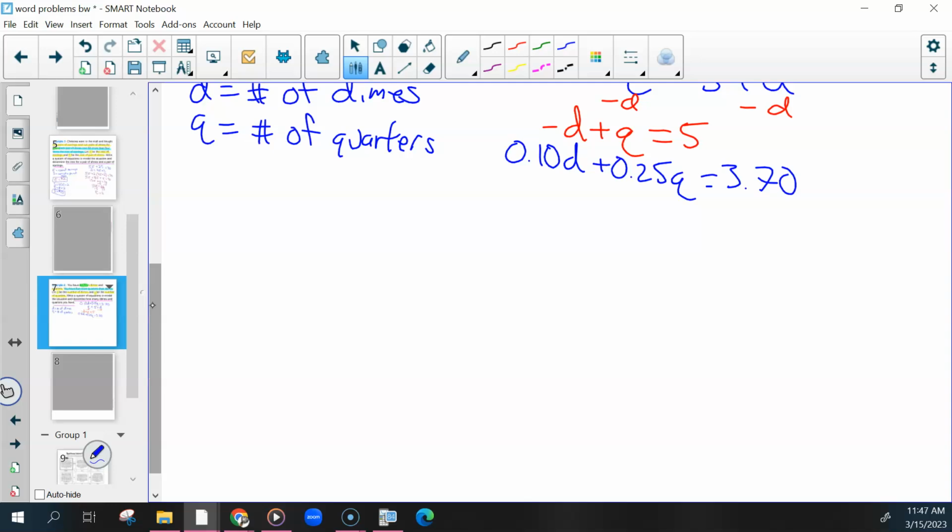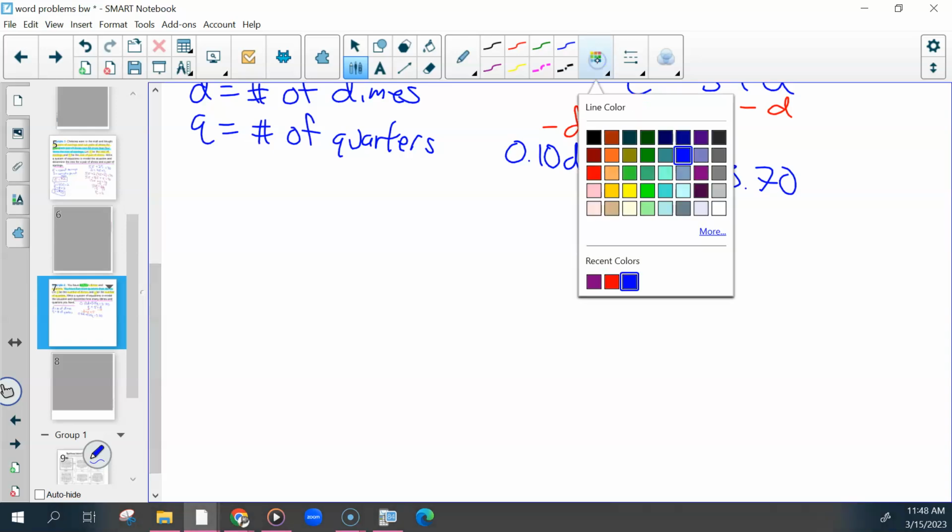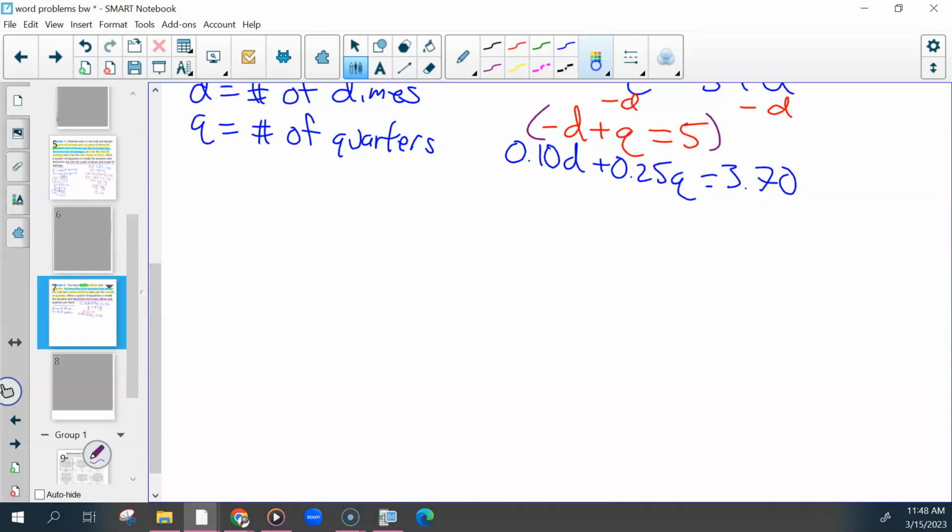Okay. So that means we would need these to be the same. So we would have to multiply by 0.10. Or you can multiply by negative 0.10 if you want to do the opposite operation. Doesn't matter. We have negative 0.10D plus 0.10Q equals 0.5.